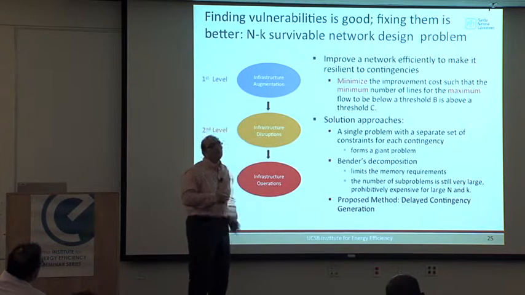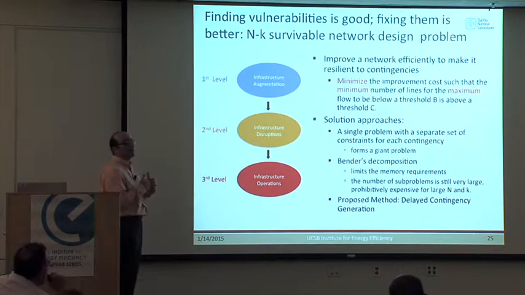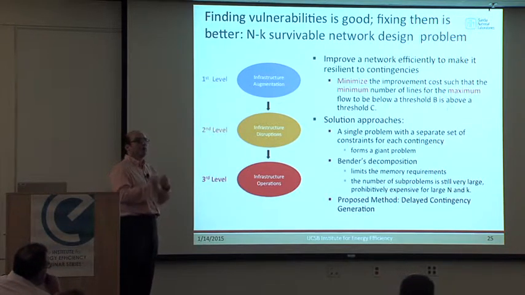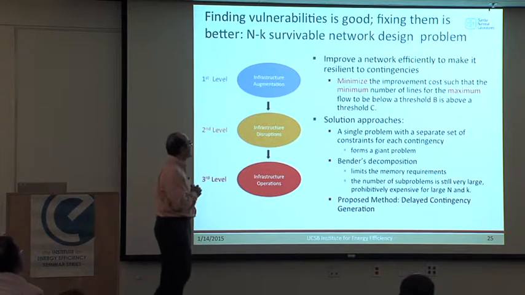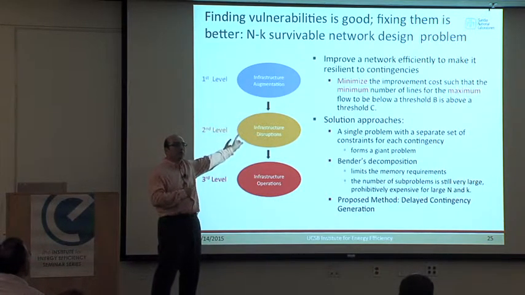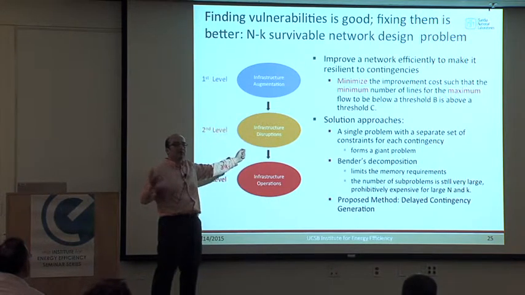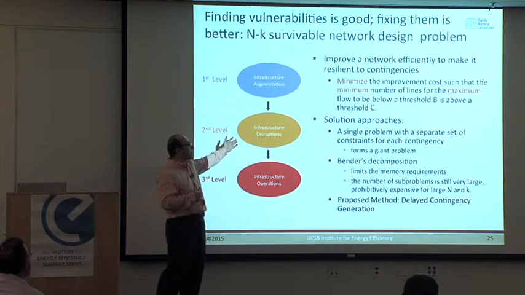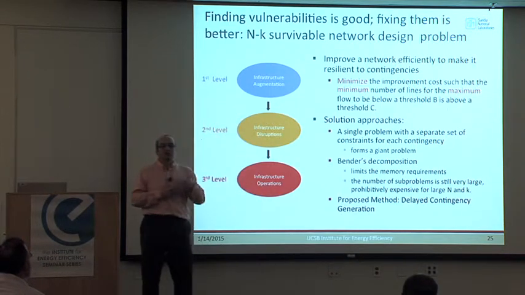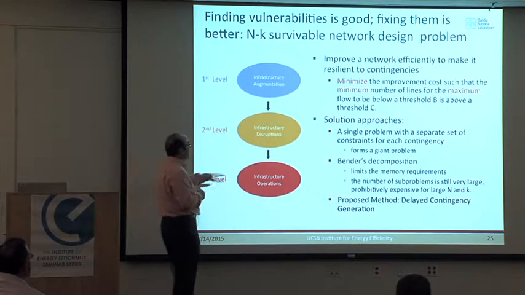Then, if you're in daily operations, we are looking at where I generate the power now, and that's more of a unit commitment problem. And bad things will happen. These may be adversarial, very smart attacks, or events with low probability. Then at the end, I will be solving a third level of optimization problem, and there I would be able to limit the damage.